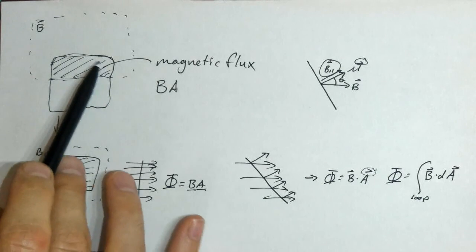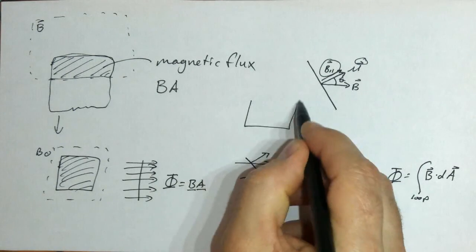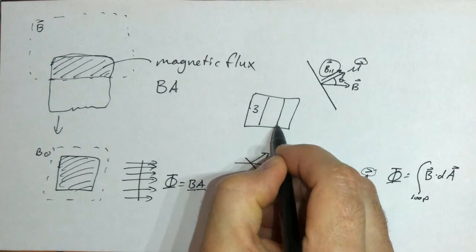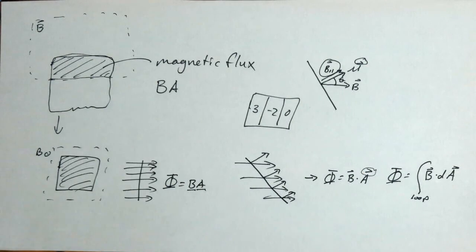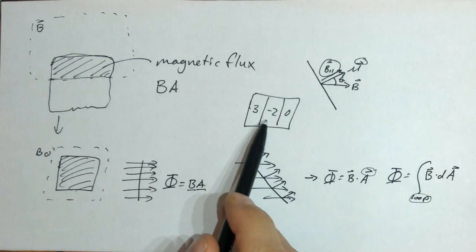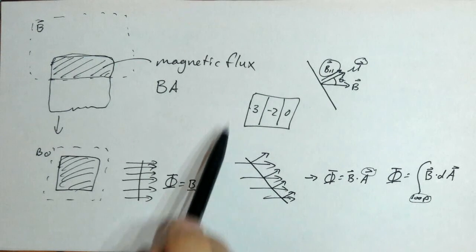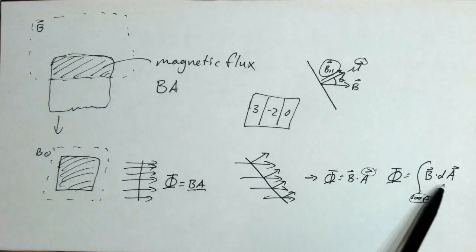In this case, 0 here and some value B here. We could do something like, here's a loop and 1/3 of it is 3, 1/3 is -2, and 1/3 of it is 0. We can integrate over the whole loop by just breaking it into three different pieces and find out what the net flux is. The negative implies there is a sign to this.